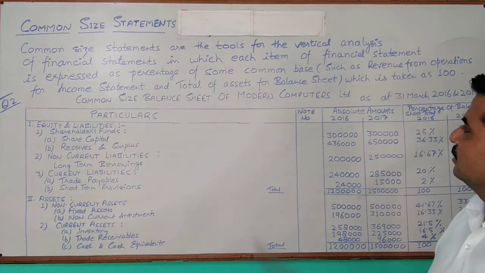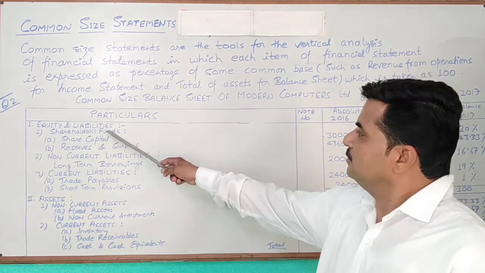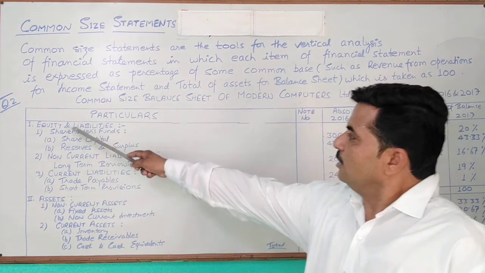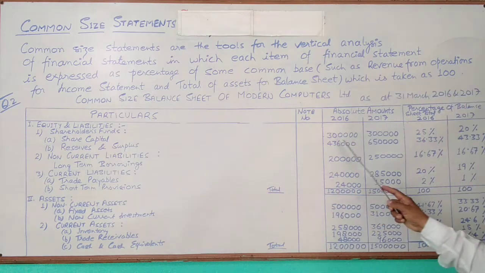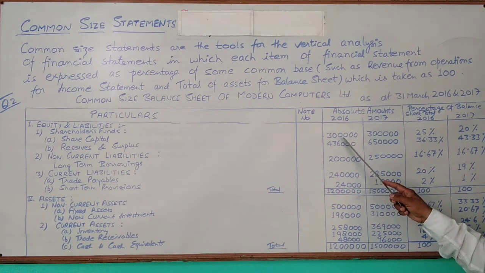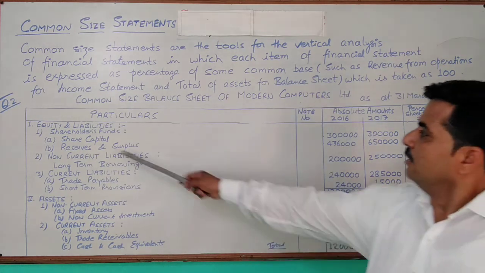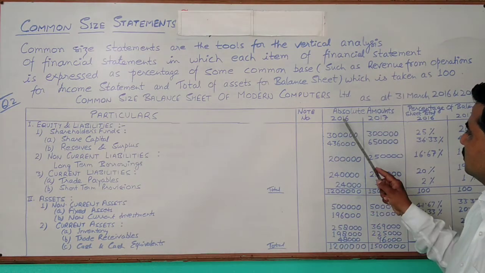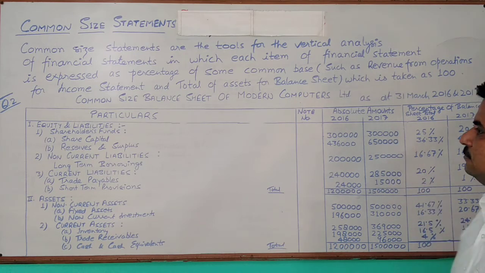In question number 2, in the balance sheet of Modern Computers Limited, we have equity and liabilities and assets. Equity and liabilities include shareholders fund, share capital, that is in the previous year it was rupees 3 lakh, and rupees 3 lakh also in the same 2017 year. Reserves and surplus are 4,36,000 in 2016 and rupees 6,50,000 in 2017.